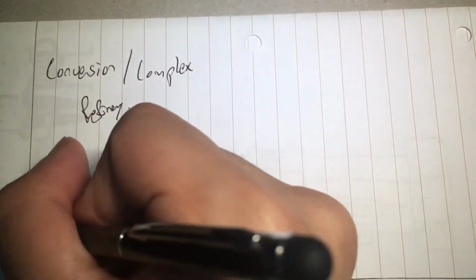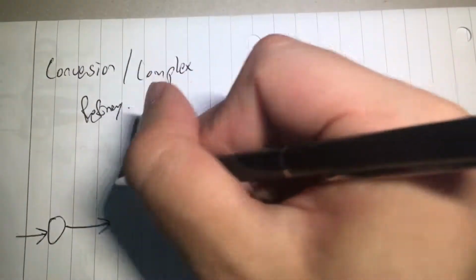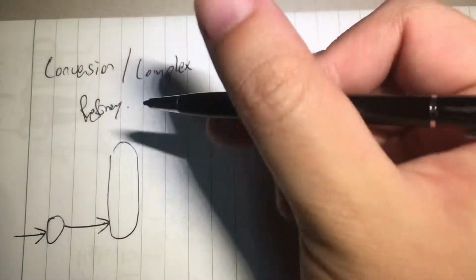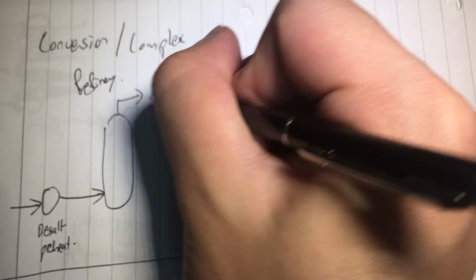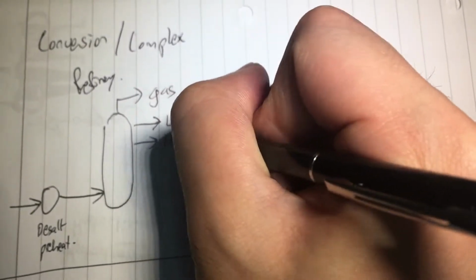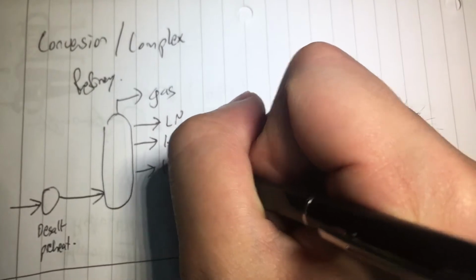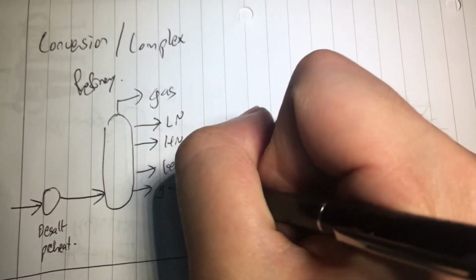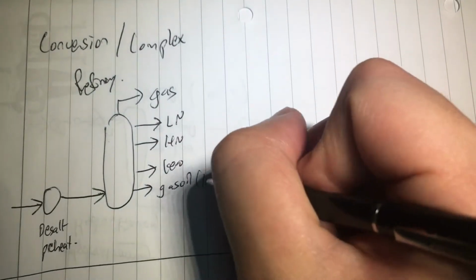So again, I'm just going to skip the drawing of the desalter and the heater, the preheat. I'll just draw it as one circle here. Okay, so again we have the gas, light naphtha, heavy naphtha, kerosene, gas oil, light.